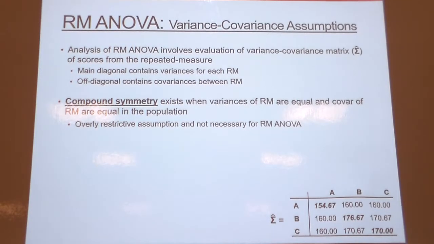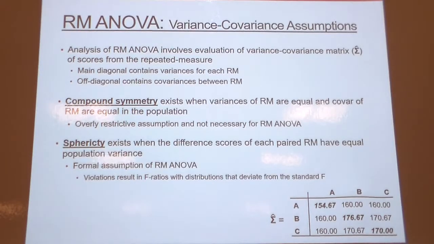Now, compound symmetry is overly restrictive and not necessary for valid calculation or inferences from our repeated measures ANOVA. What our repeated measures ANOVA is assuming is something we call sphericity. We're going to see sphericity when the difference score of each of our paired repeated measures has equal population variance.